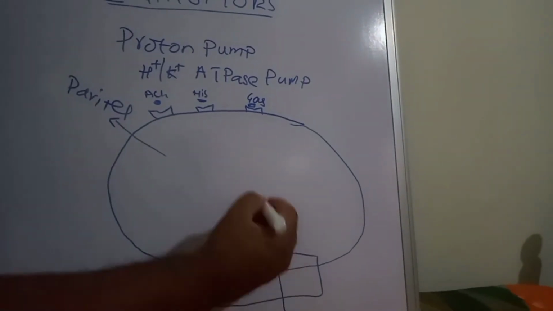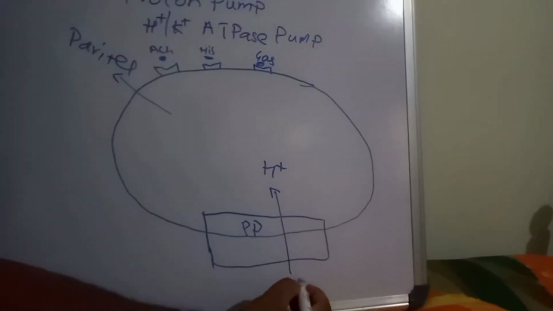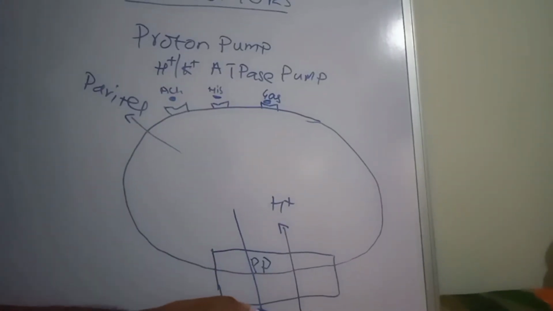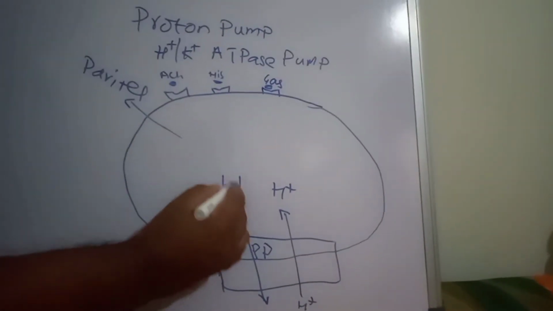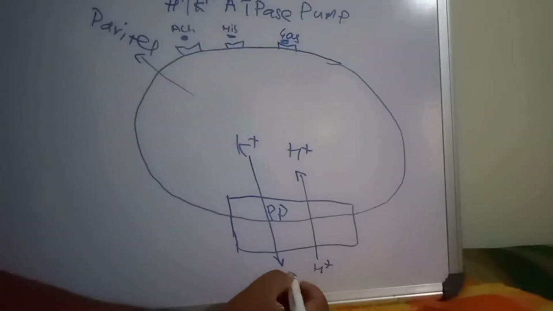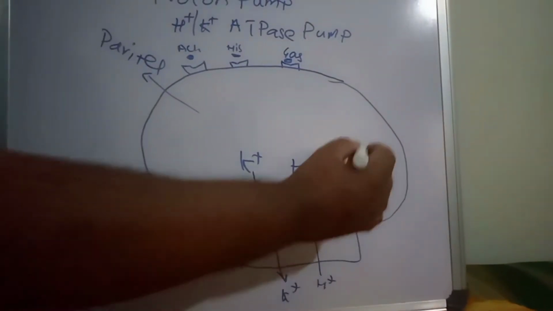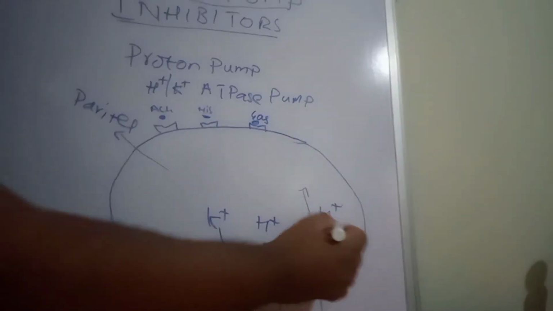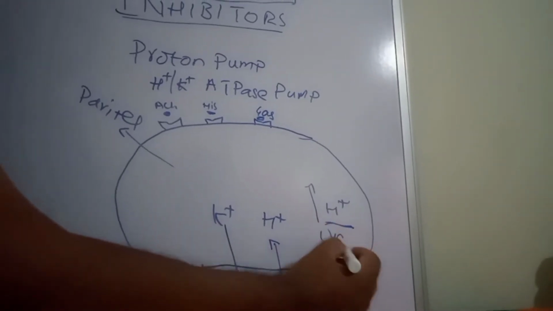So acidic H plus ions it will pump inside the stomach, and it replaces potassium, non-acidic, from inside the stomach to the outside. Thereby it helps in the increase in the H plus ion concentration, leading to ulcer.